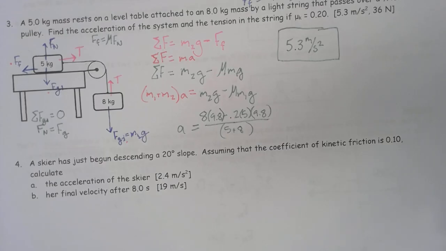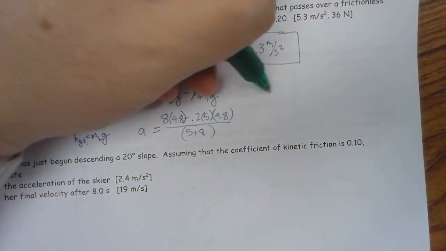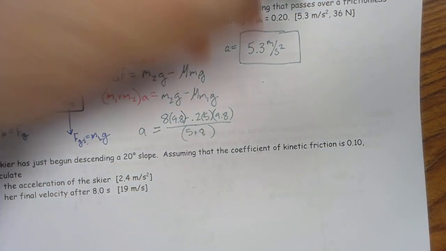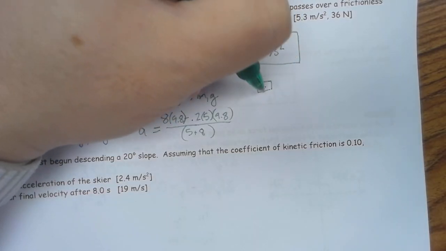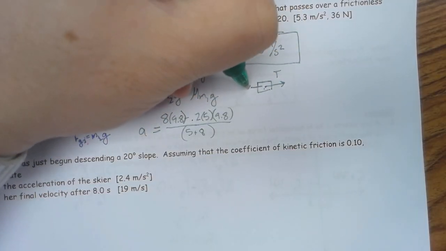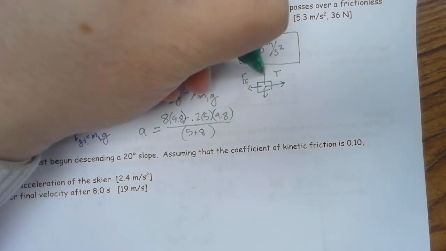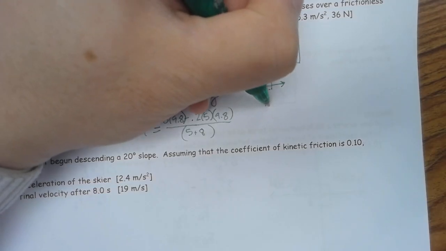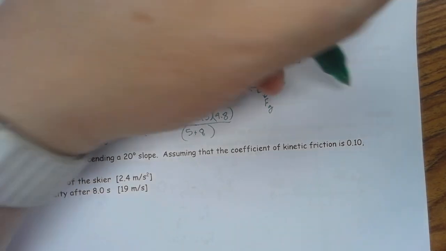Are we done? No. We still need to find tension. How do you find tension? You look at each individual diagram, right? This one has gravity and normal. That doesn't matter too much, but we have tension and friction. Gravity and normal. This is box 1, by the way, right? If this was box 2, where would tension be?